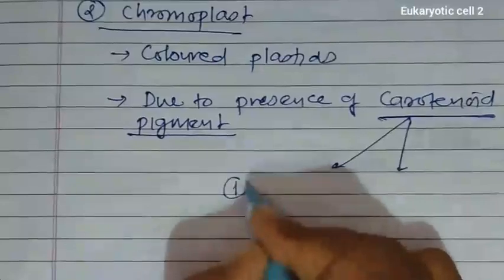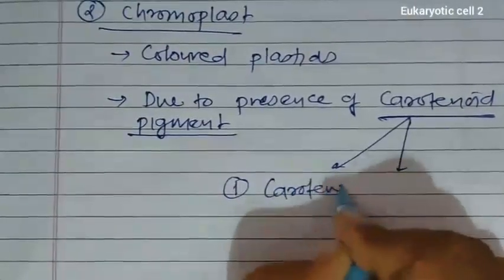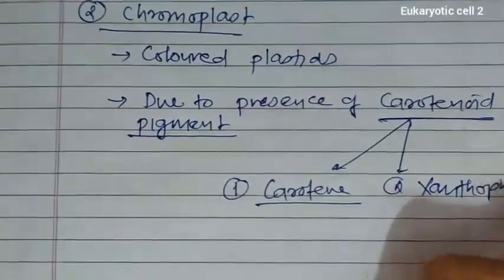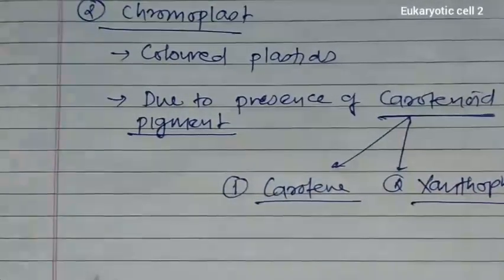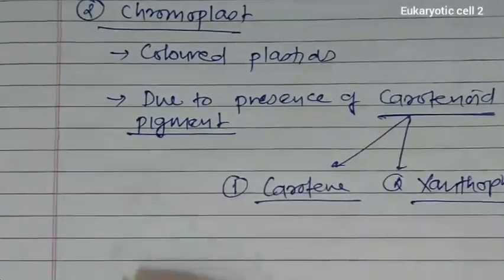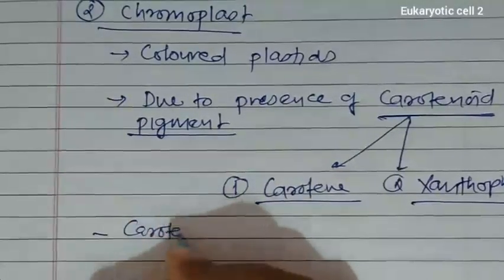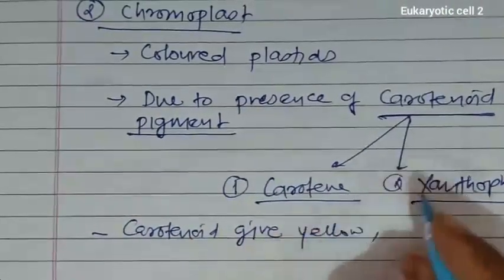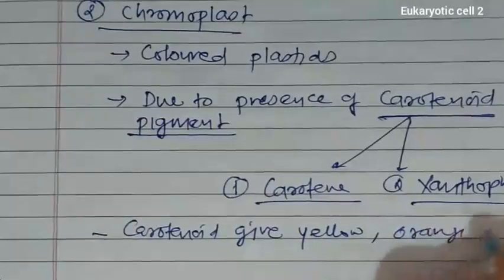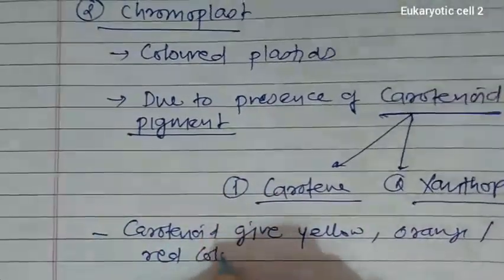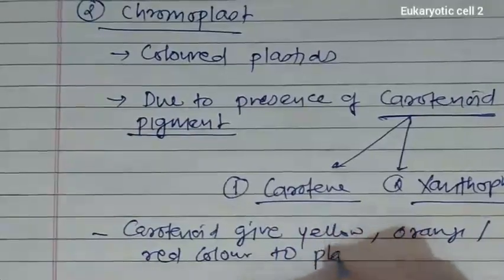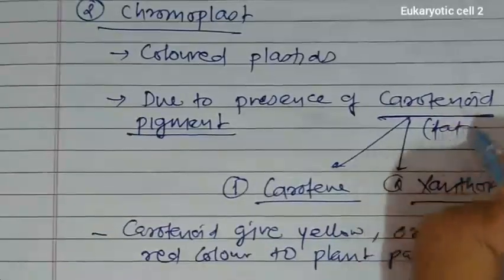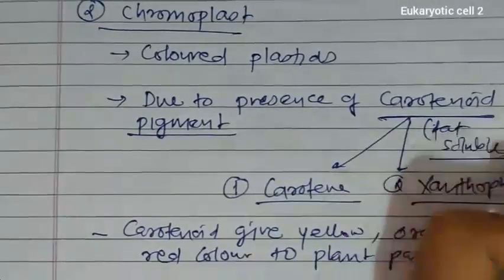Number 1, carotene, and number 2, xanthophyll. This carotenoid gives yellow, orange or red color to plant parts. Remember, these carotenoids are fat soluble pigments. They are fat soluble pigments.